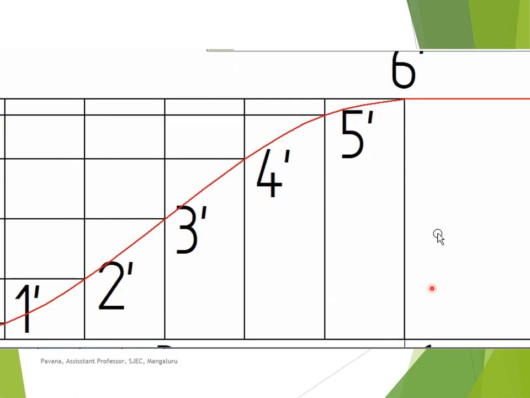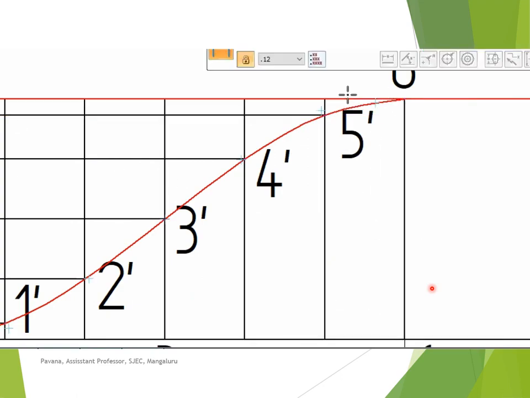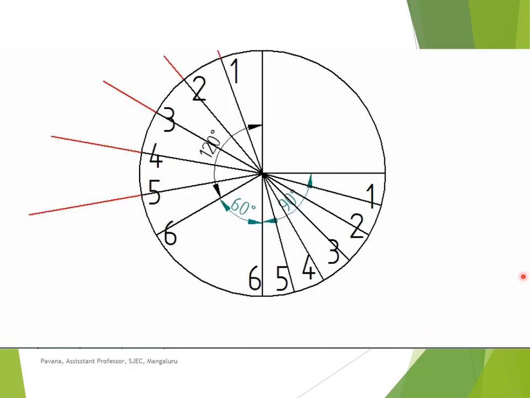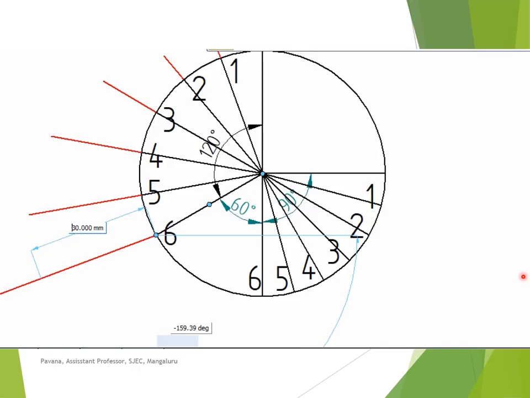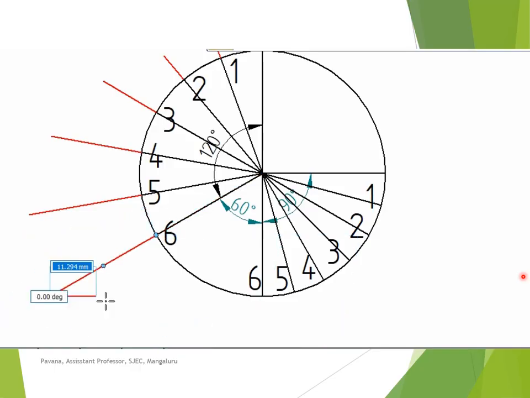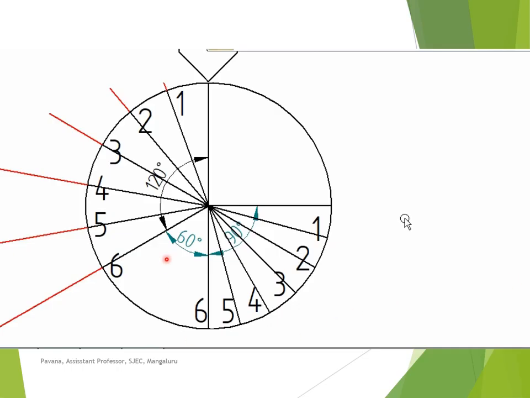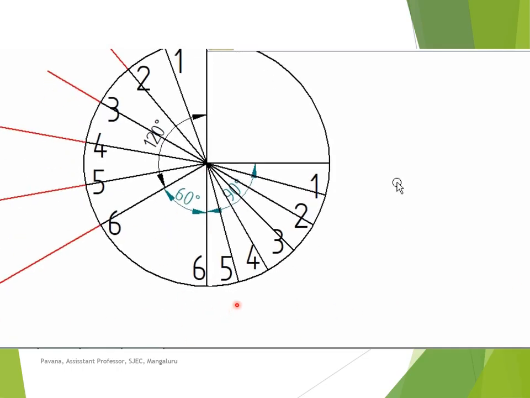Last, the 6 dash distance. From 6 to 6 dash, that is 30. So add that 30 to the point 0.6. For 60 degree we didn't do anything in the displacement diagram, so we'll leave it as it is.